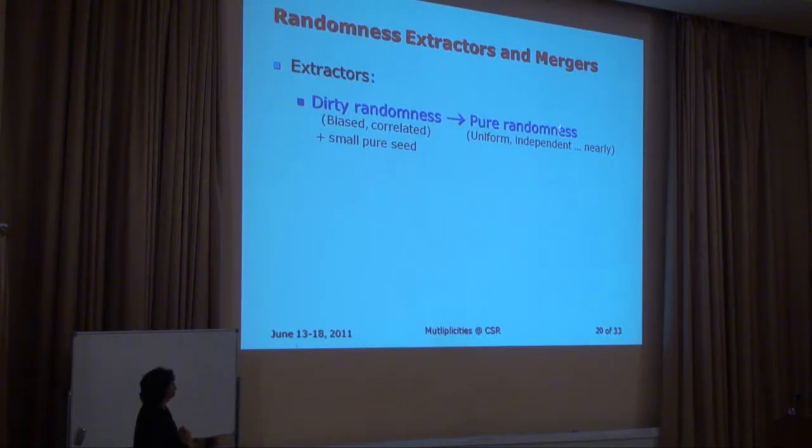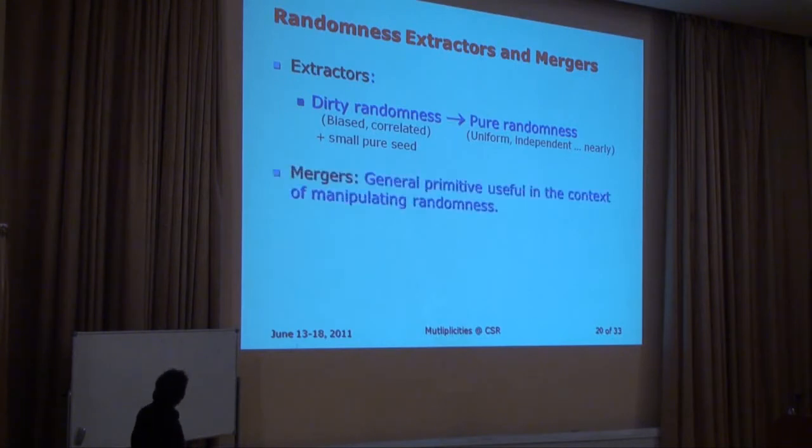The goal is to produce pure randomness, which means every bit should be independent of the other bits and they should all be uniform. We can't do this deterministically, so we'll allow a small amount of seeding. You can get a little bit of randomness if you want, but not much. If you want to produce n bits of randomness over here, you can take log n over here. That's roughly the game.